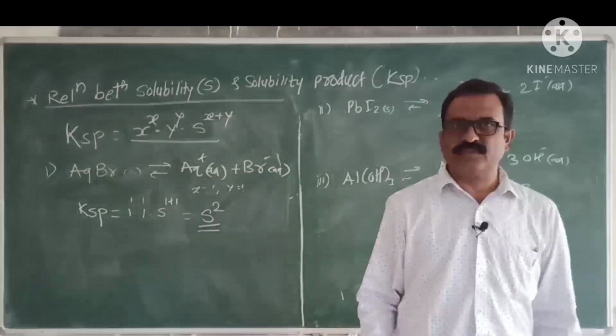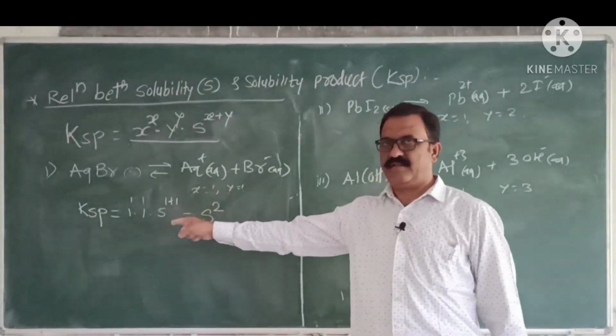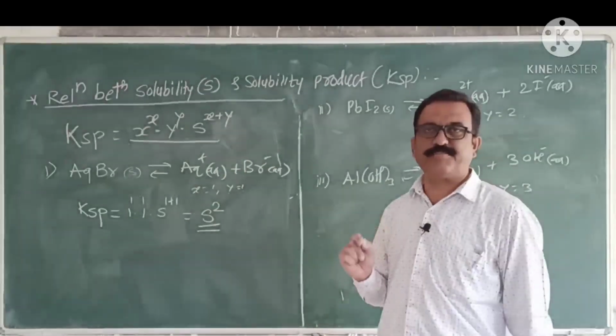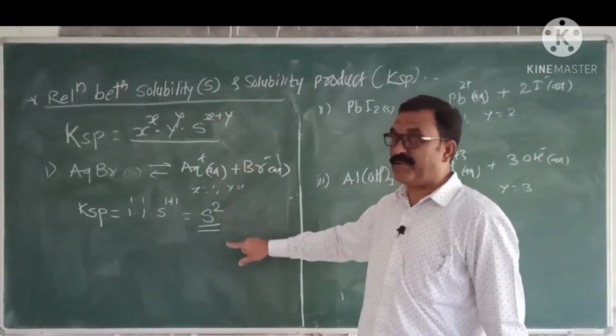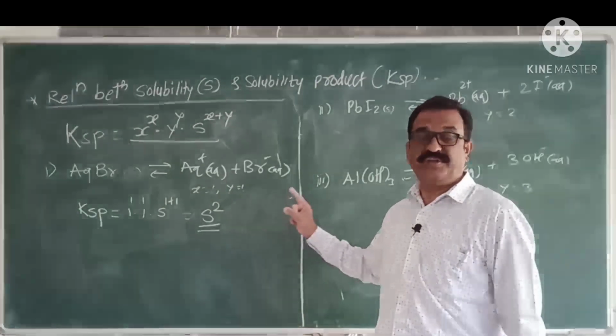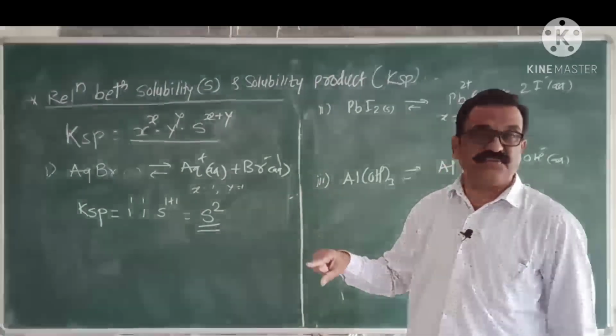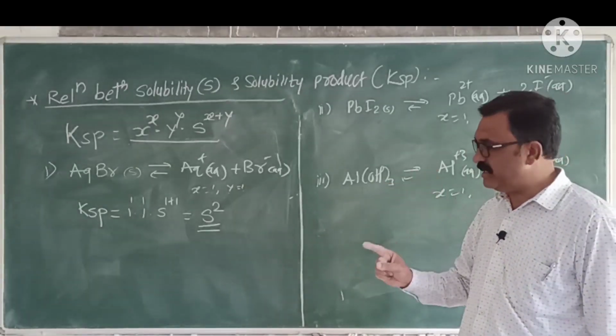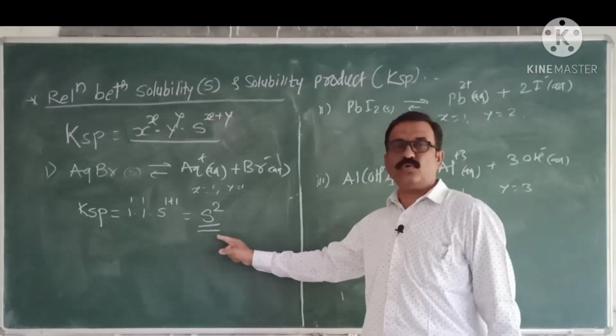That is, the solubility square is equal to the solubility product for such ions, where the coefficients of positive and negative ions are 1.